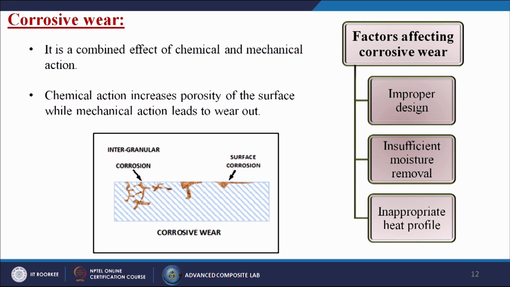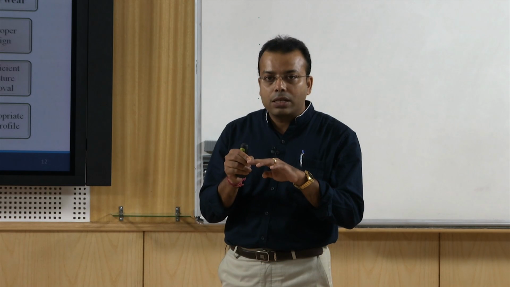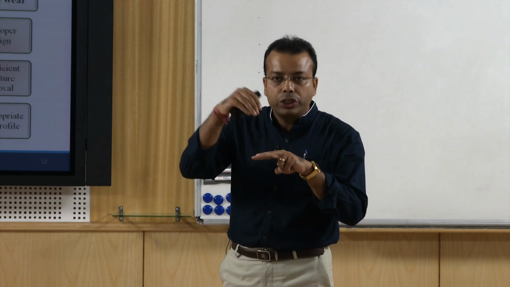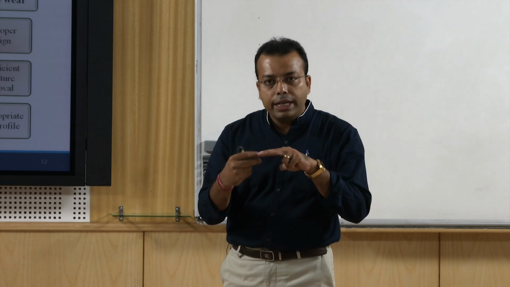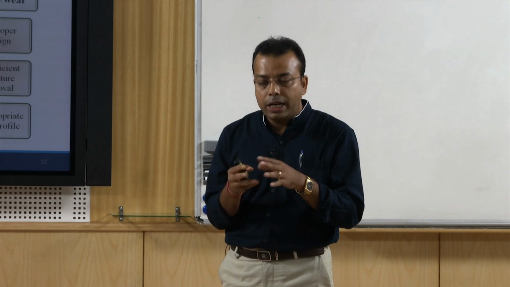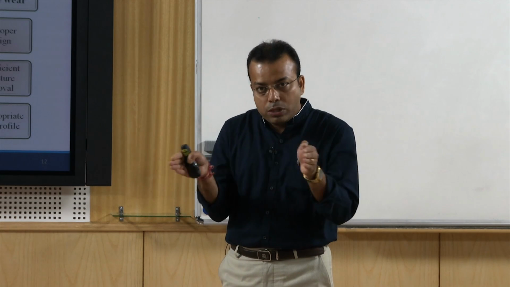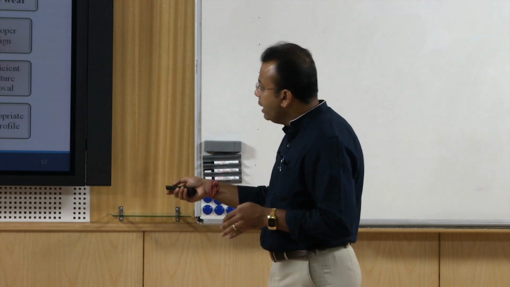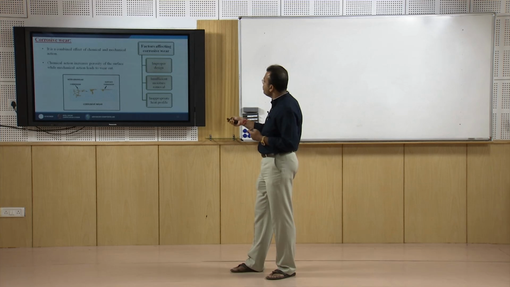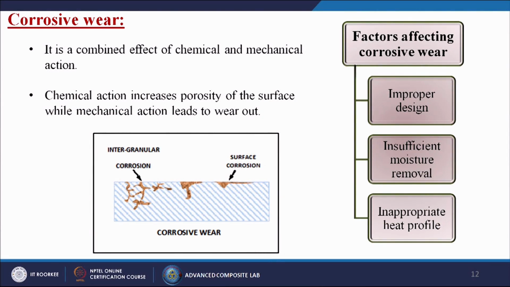Initially, if there are any small pores or cracks created chemically, automatically some water or moisture will go inside, then slowly it will create certain kinds of rusting or corrosion or chemical reactions in between, by which the void space will increase, and whatever type of wear takes place then is known as corrosive wear. Factors affecting corrosive wear are improper design, insufficient moisture removal, and inappropriate heat profile.